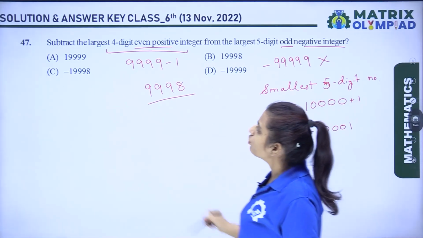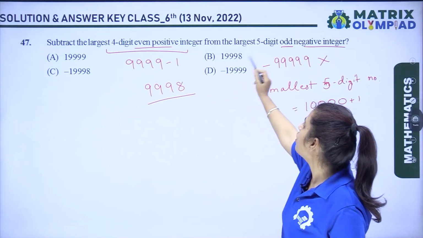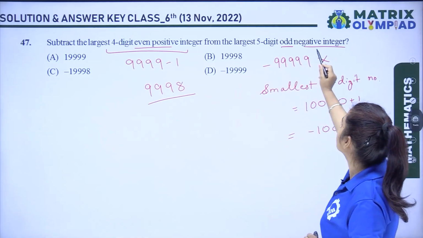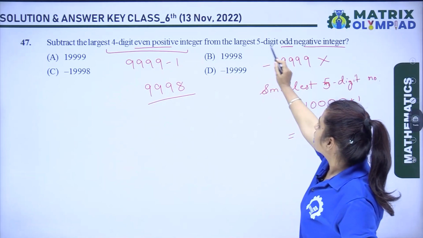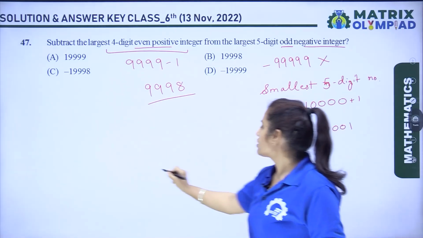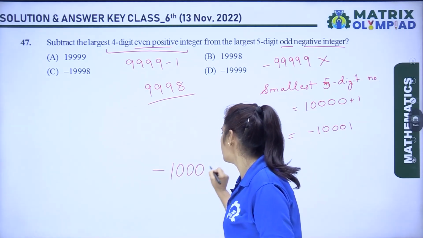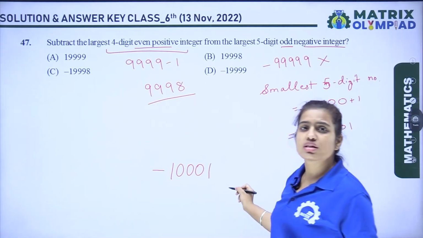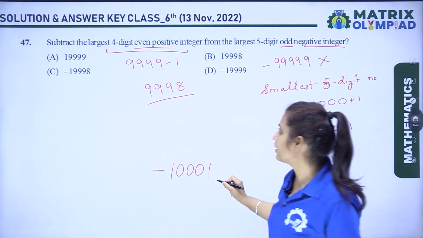Now, what we have to do? We have to subtract the largest 4-digit even positive integer from the largest 5-digit odd negative integer. So, here the largest 5-digit odd negative integer is minus 10,001. This is the largest 5-digit odd negative integer.